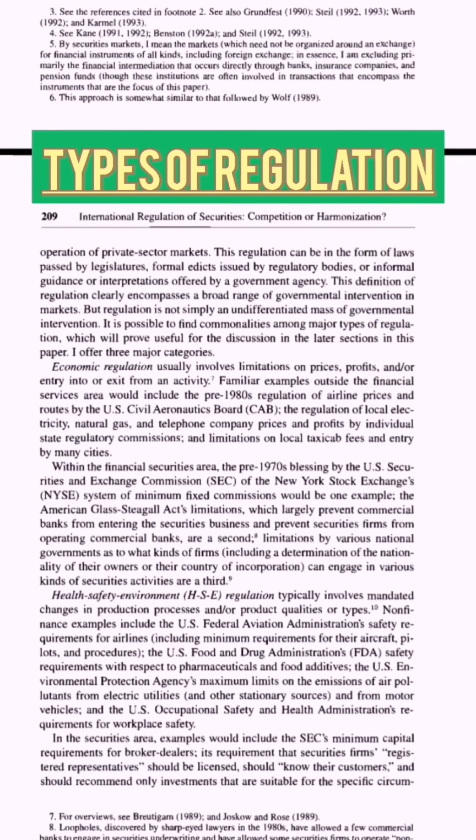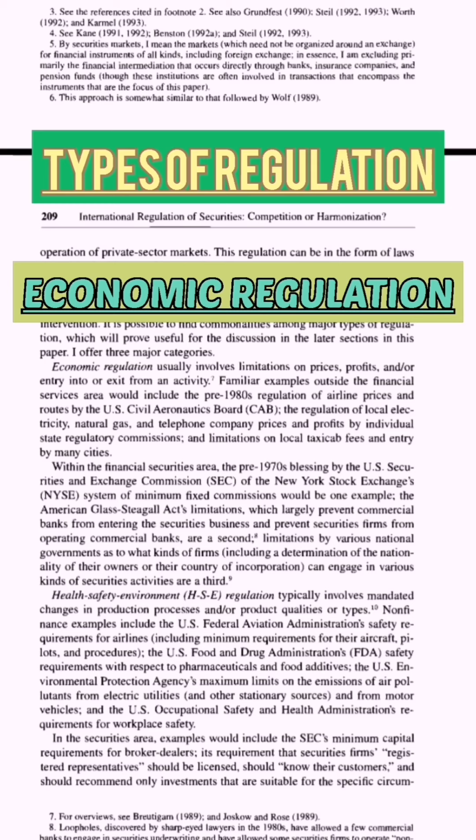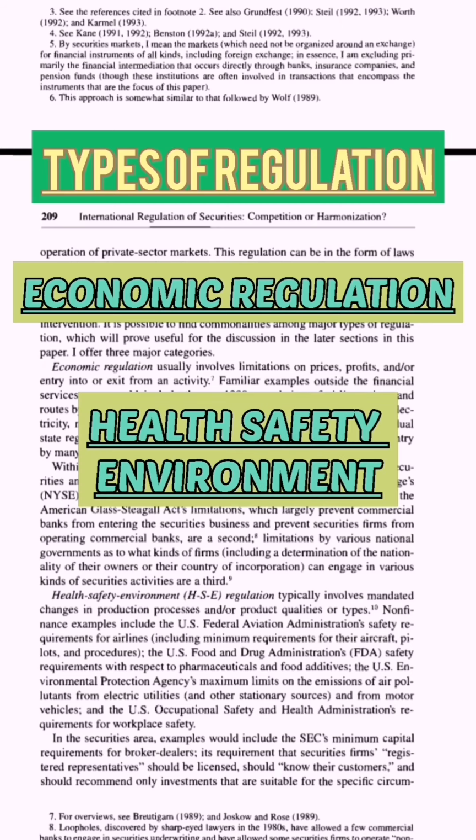So types of regulations, one of this is economic regulation that usually involves limitation on prices, profits and or entry into and exit from an activity. Next is health, safety, environment or HSE regulation, which typically involves mandated changes in production process and or product qualities or types.